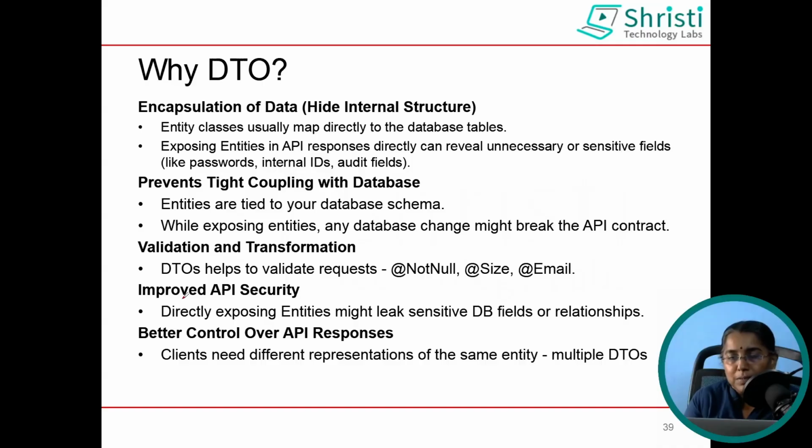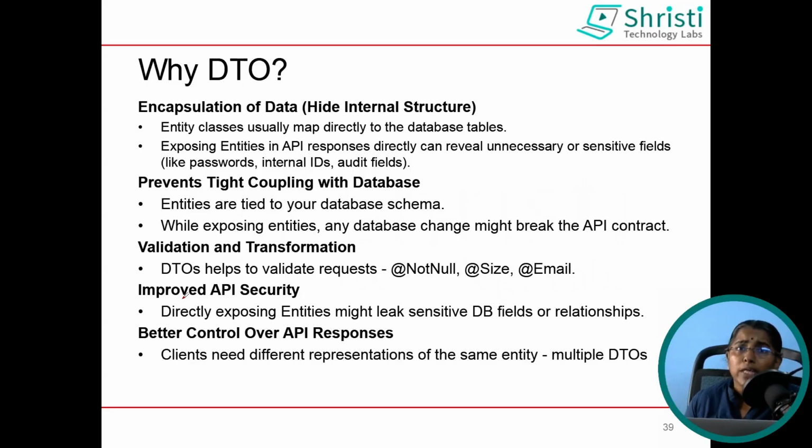So, it's always better to have a DTO class, get the input from the client, and send it to the service layer where the mapping or the conversion happens. Mapping your data transfer object into entity or converting your entity back into data transfer object. Do not worry, I will explain the workflow also.